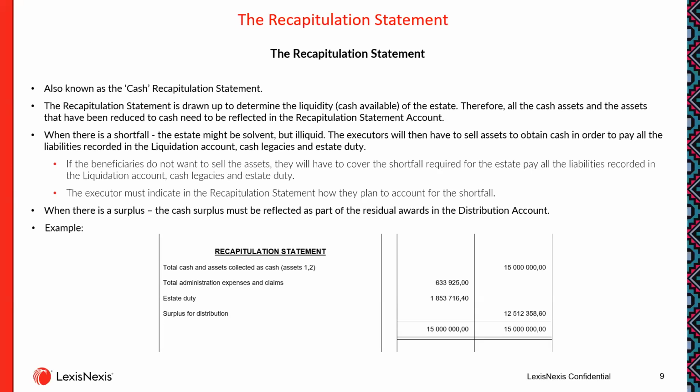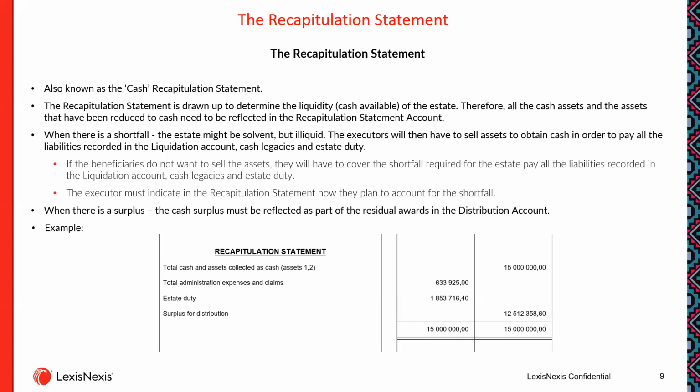So there are two ways the executor can deal with shortfall. If the beneficiaries do not want to sell off any of the assets to reduce them to cash, they will need to cover the shortfall required to pay all the estate's liabilities, cash legacies, and the estate duty.